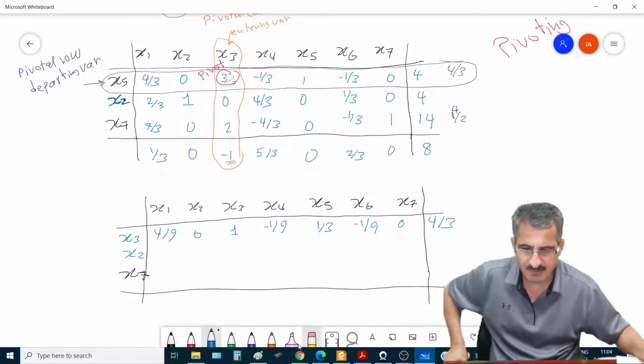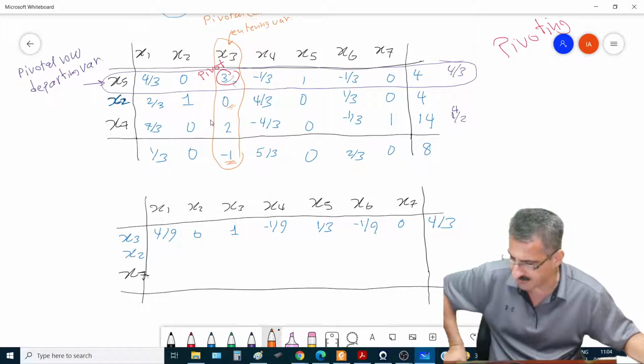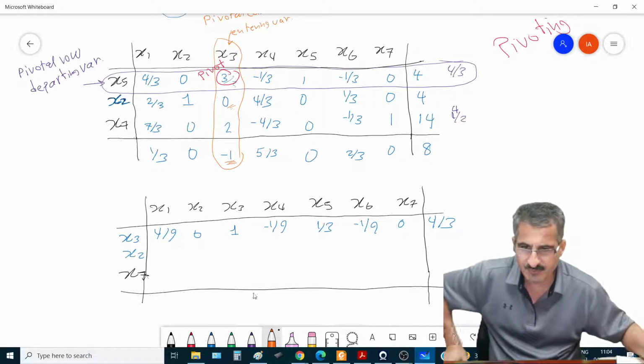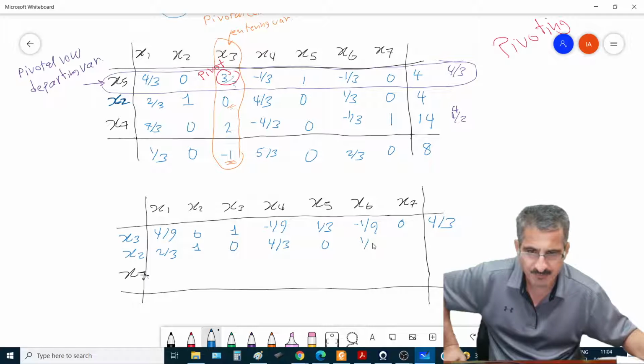Good. Now this is already 0, so we change nothing to it. So I will copy this row, 0, 1, 2 over 3, 4 over 3, 0, 1 over 3, 0, 4.